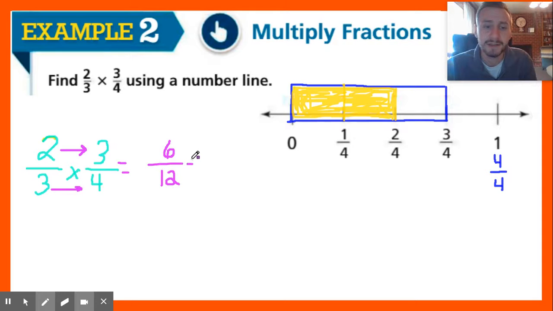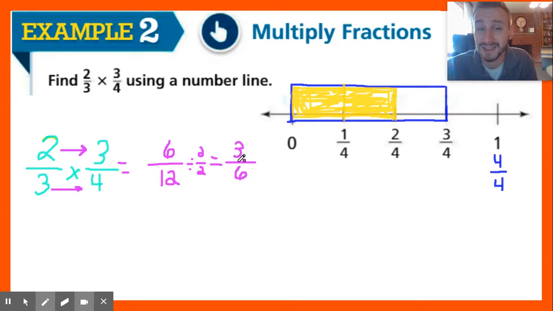So if we divide the top by 2 and the bottom by 2, 2 times 3 gave us 6, right? And 2 times 6 gives us 12. So 3/6 is the simplified form of 6/12.